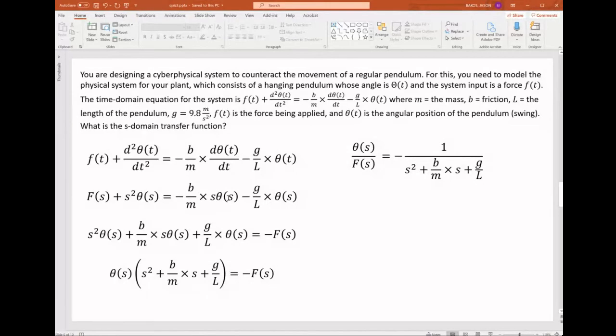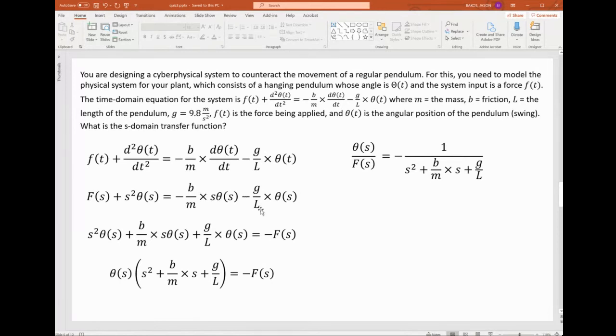That requires us to rearrange these terms. On one side of the equation, we have theta s divided by f of s, and on the other side, basically just a ratio of polynomials of s.